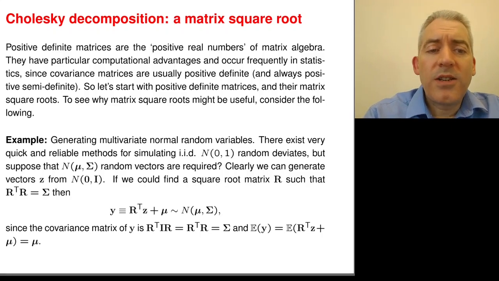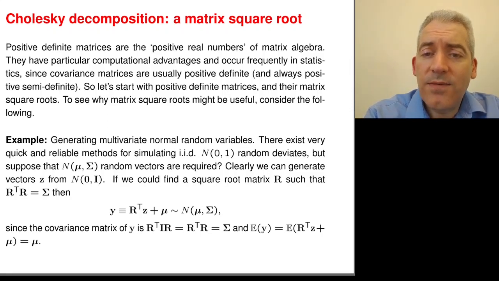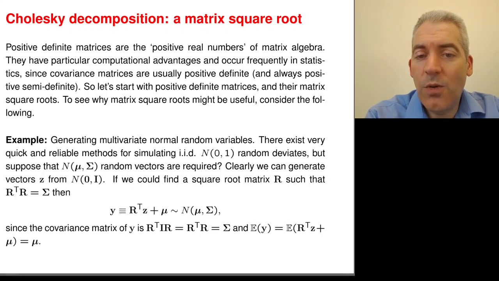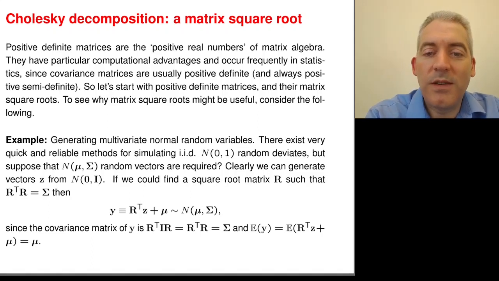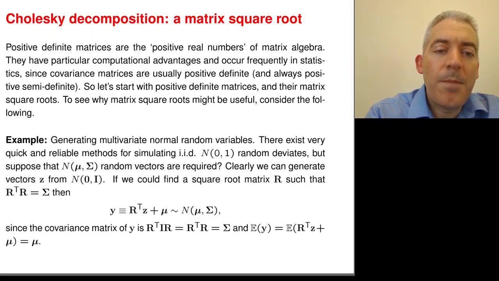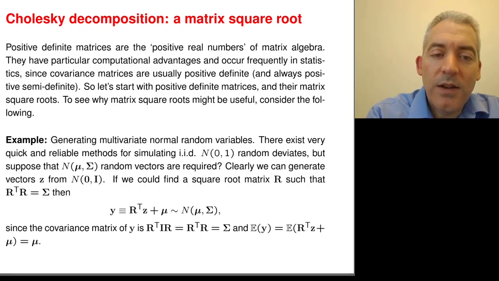So let's start by thinking about a multivariate normal random variable. We maybe know how to simulate from standard normal scalar random variables, just random normal 0-1 deviates. I mean, you may have studied that before. If not, it doesn't matter. But there are very simple and efficient ways of doing that. But what if we're interested in an arbitrary multivariate normal random quantity with mean vector mu and variance matrix sigma? What then?